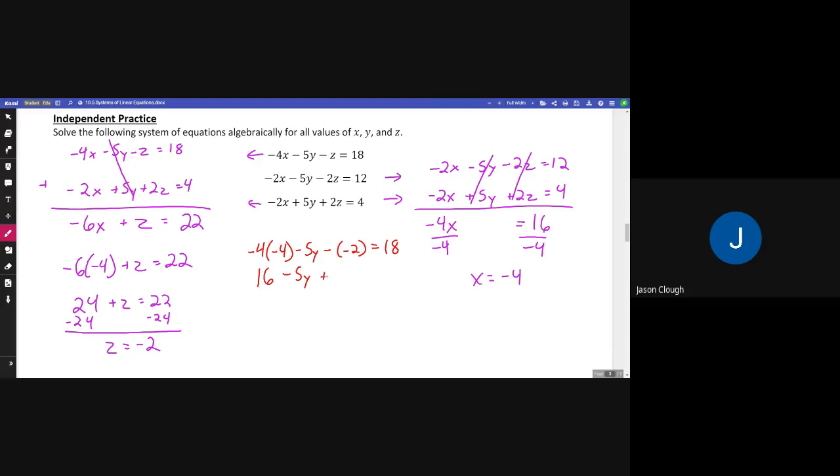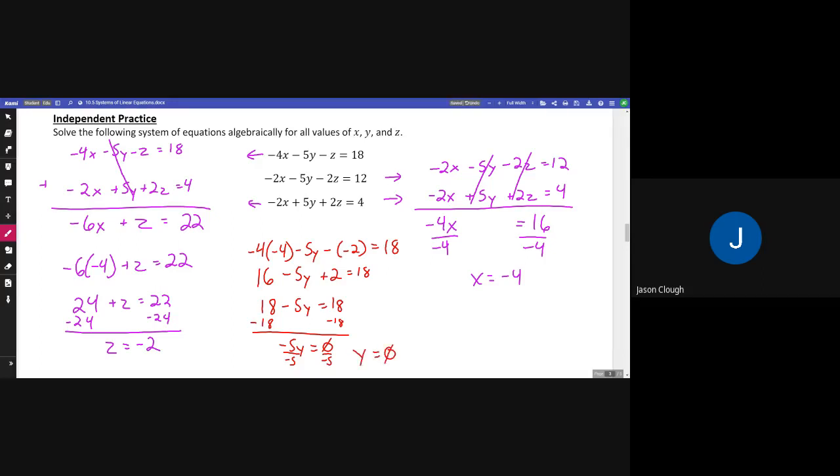Negative 2 is plus 2. 16 plus 2 is 18. When we subtract 18 over, we actually get y equals 0, because when we divide both sides by negative 5, we'll still get y equals 0.